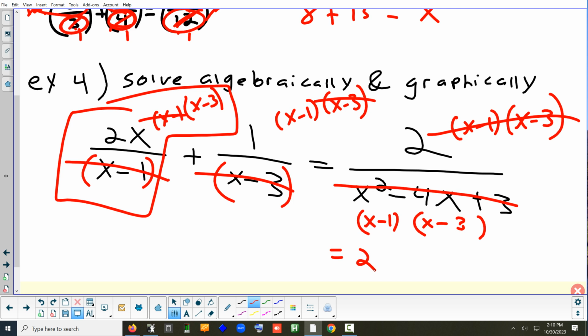Now the left-hand side, what you're left with is the distributive property. 2x times x minus 3. What's 2x times x? 2x squared. What's 2x times negative 3? Minus 6x.